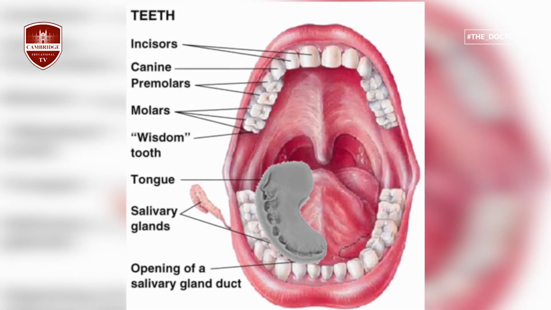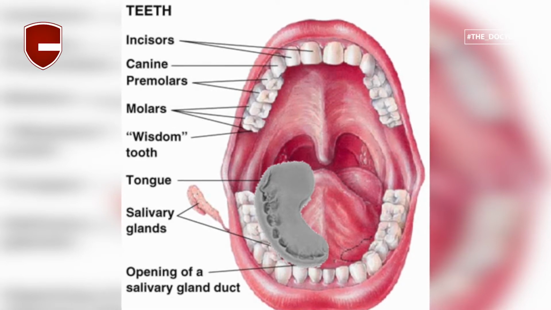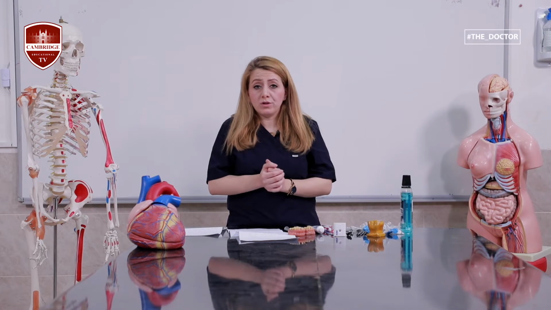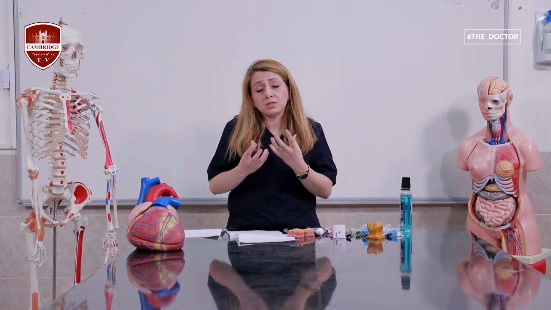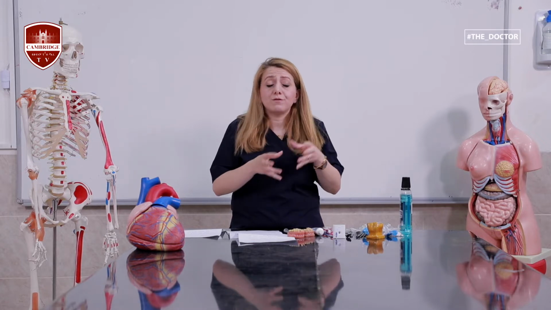Then behind the premolars, I have the molars that are responsible for grinding and crunching the food. So you chew with your molars. They do an amazing job, and they make the food you eat easy to swallow. And of course, it helps your digestive system, because when you swallow the food, it's going to be easier for your stomach enzymes to break down the food rather than if you just take a big bite of food.